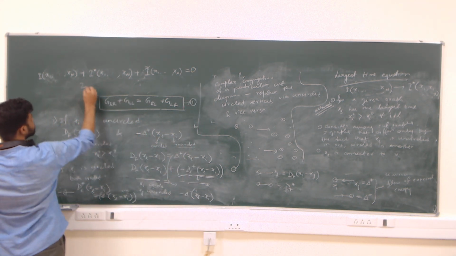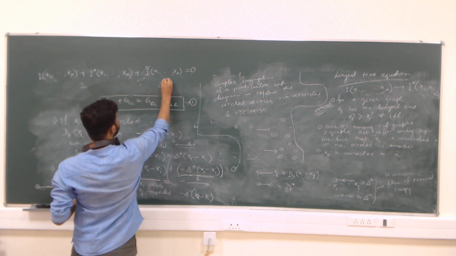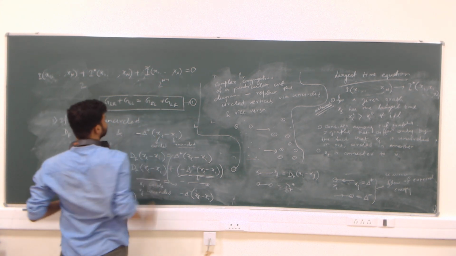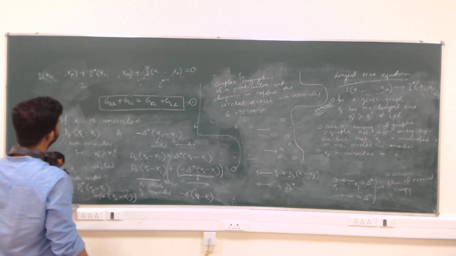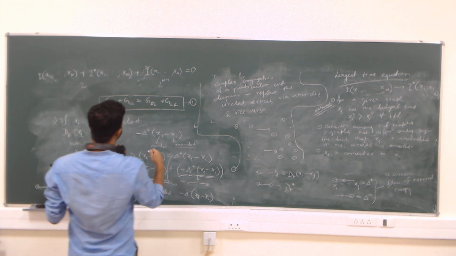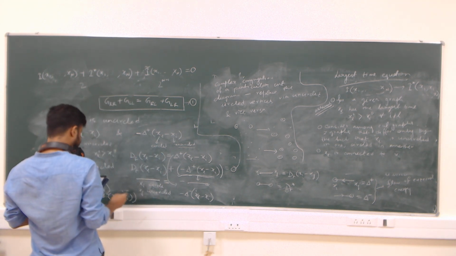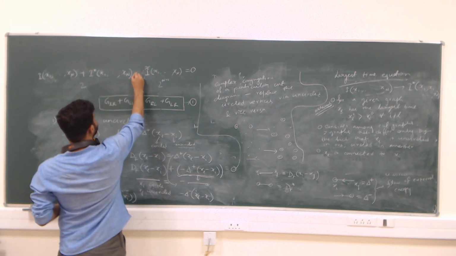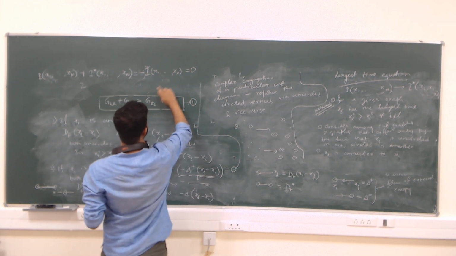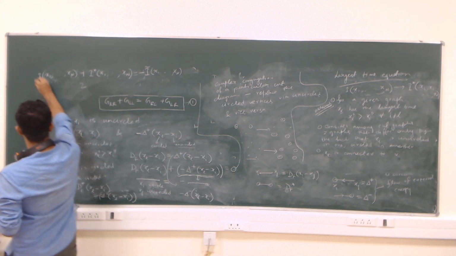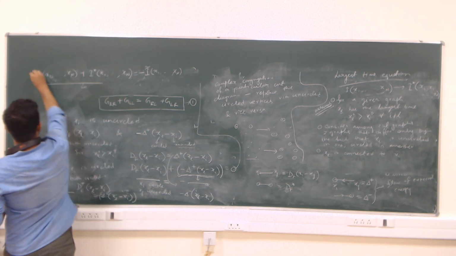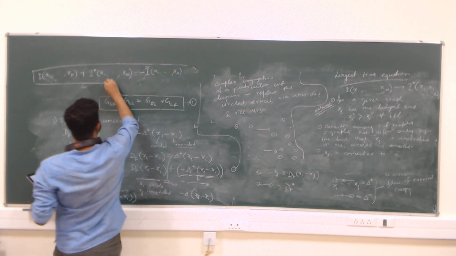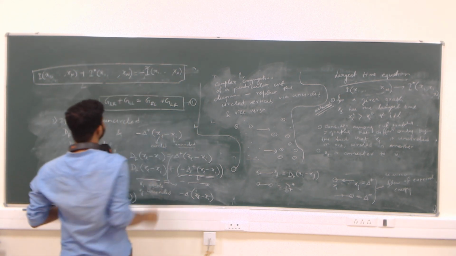These are two terms and these are 2 to the power n minus 1 terms. And if I take this last part on other diagrams to the right hand side, then I'll have this kind of equation. And this is for typically the largest time equation.